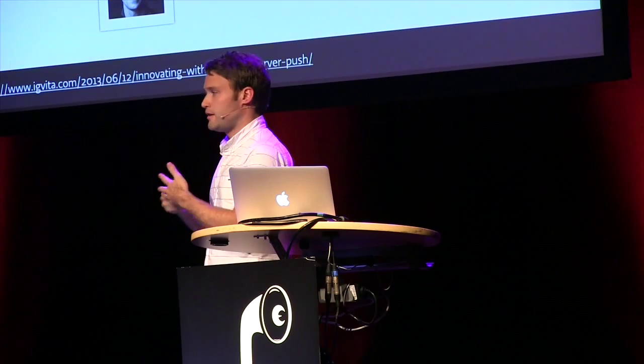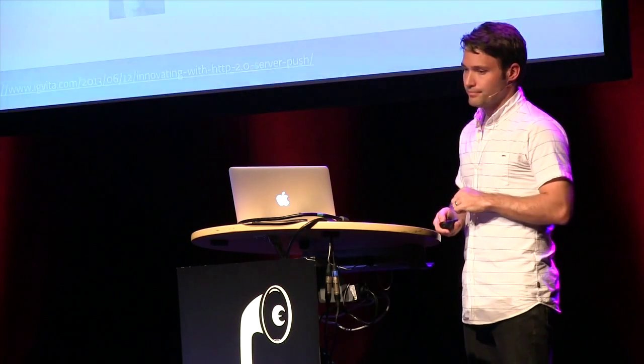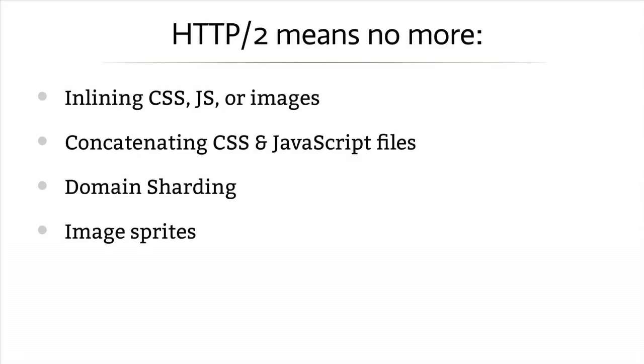You need this CSS file, you need this JavaScript file, whatever. It can send all that back with that round trip. So it basically negates the need to inline anything, which is great, because it's better for caching, better for all sorts of reasons. So inlining is one of those things that version 2 will help a lot with.